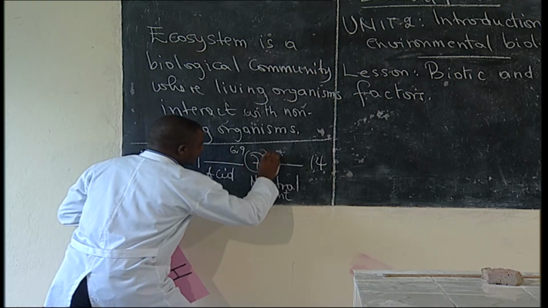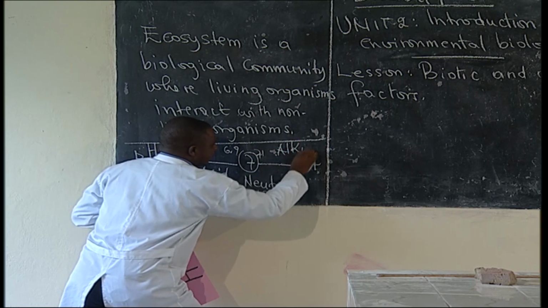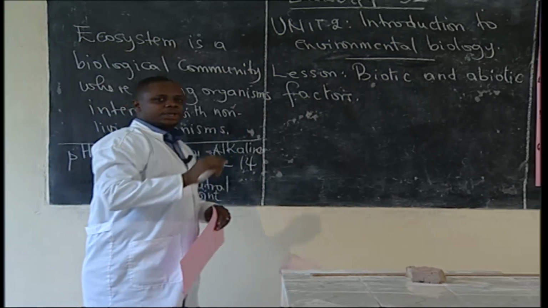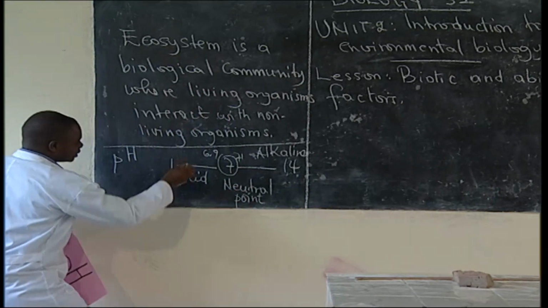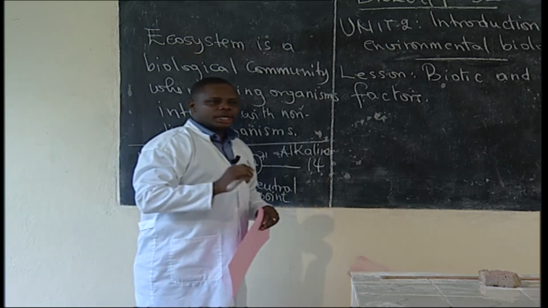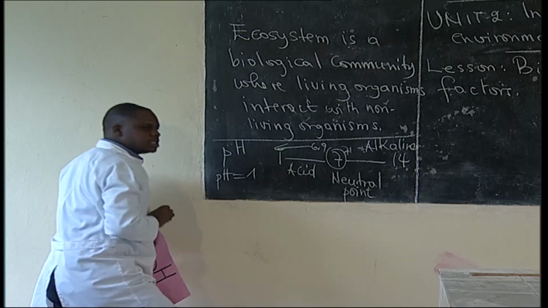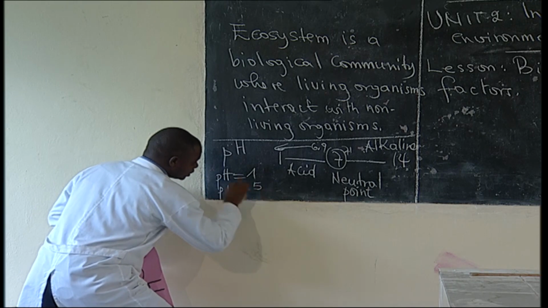From 7.1 up to 14, this one is alkaline. Acidity increases from 6.9 to 1, which means a substance which has a pH of 1 is more acidic than a substance which has a pH of 5.